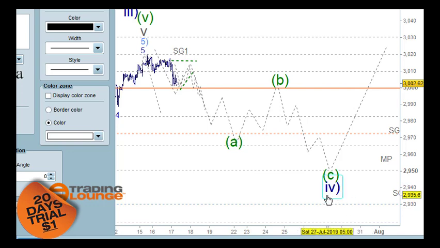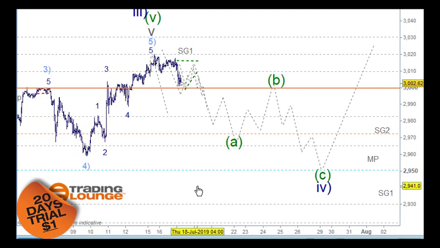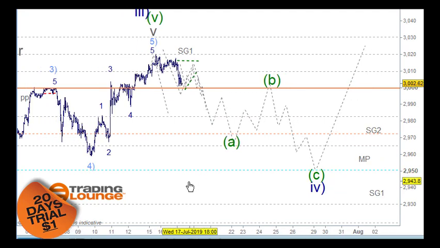So we'll put this here as an A and a B and a C, but it could get a lot more complicated than that, in terms of expanded flats, for instance, all the flat families and triangles and double zigzags and so on and so on. But we'll just stay within the tick chart and the hourly chart to track, and we shouldn't have any problems at that point there. But anyway, that's sort of where we are.